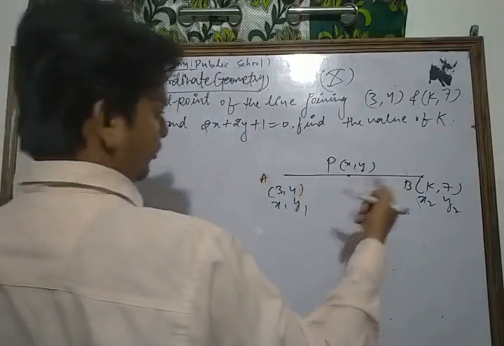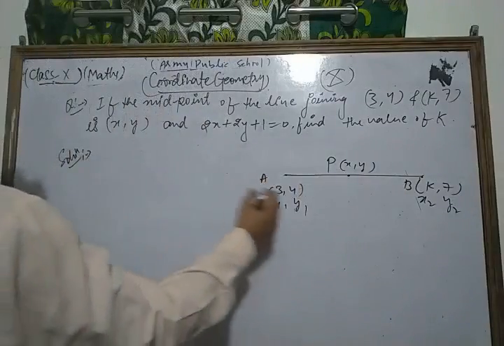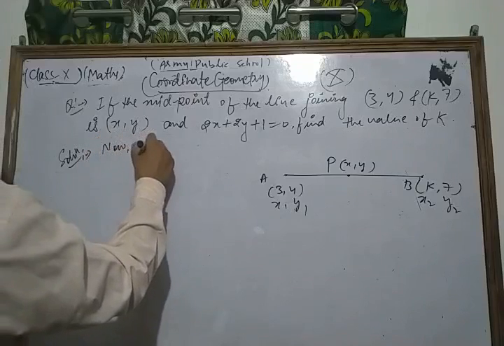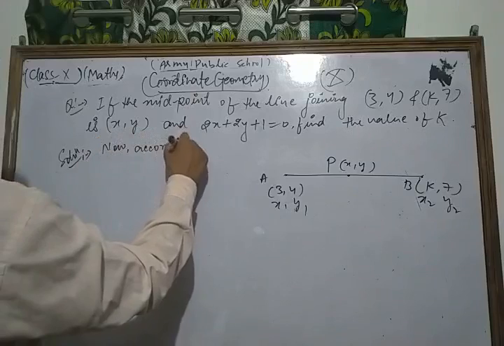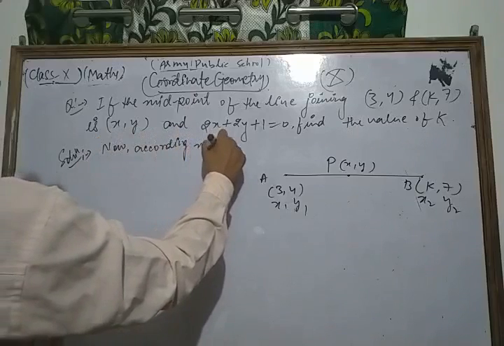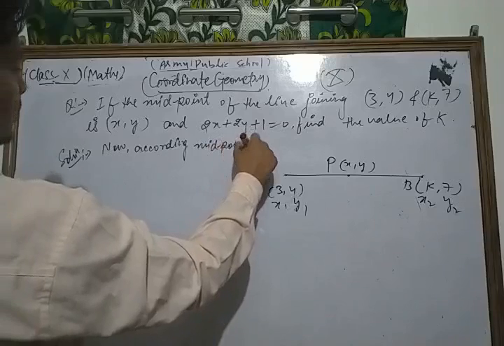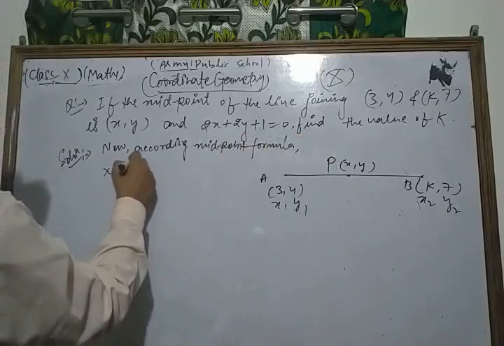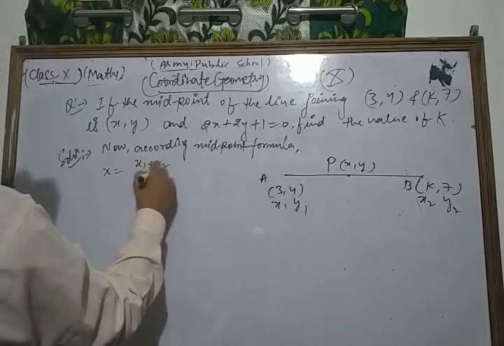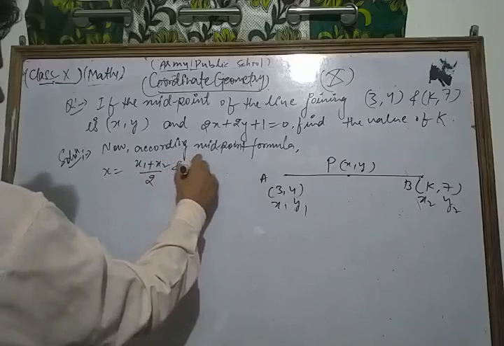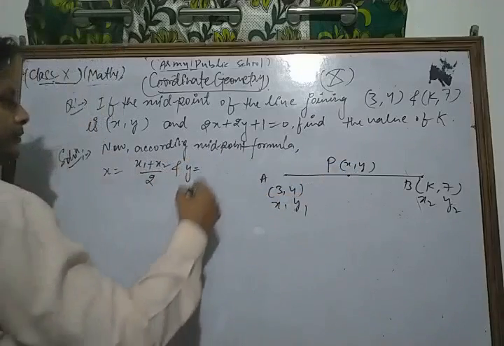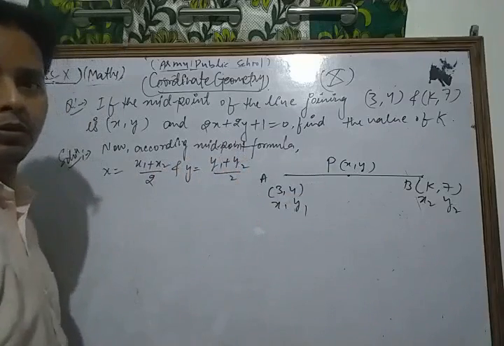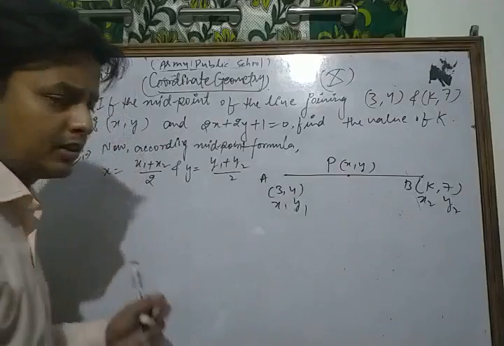Now we apply the midpoint formula. According to the midpoint formula, x is (x1 plus x2)/2 and y is (y1 plus y2)/2. This is the midpoint formula.